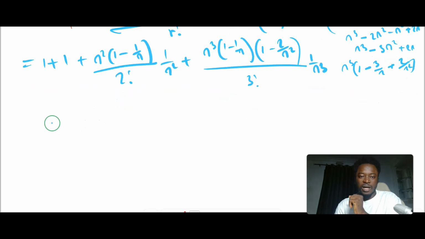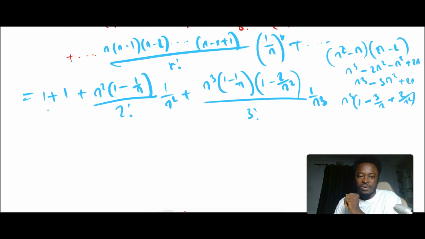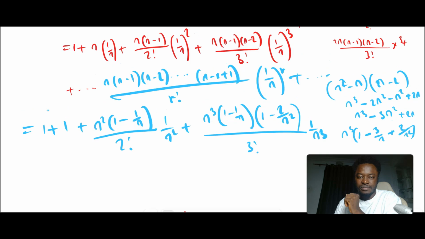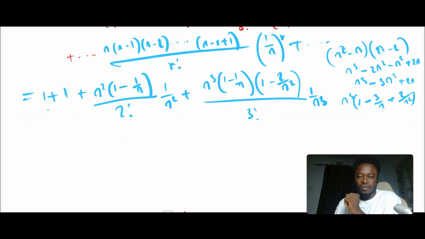Then let's go up so we can get the general pattern here. Then you have a plus, dot dot dot. What we'll have here is, we should be having the n to the r power for sure.